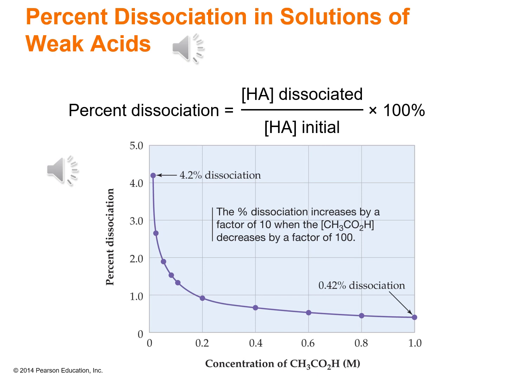In the previous example we saw, x could be neglected because it was greater than or equal to 0.01. It's important to check the validity of the simplifying approximation in every problem because x is not always negligible compared to the initial concentration of the acid.